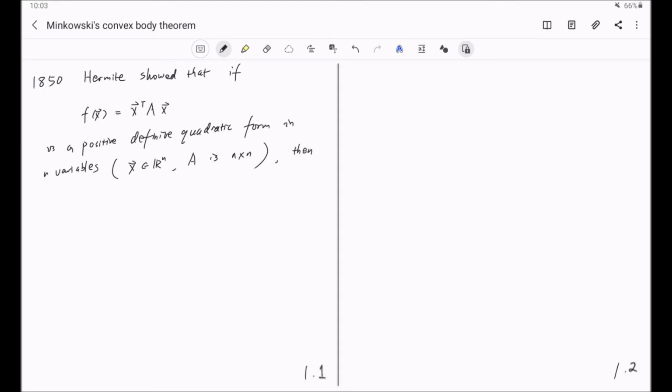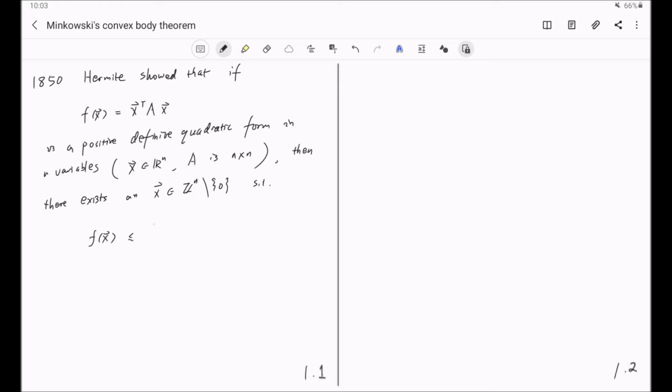then there exists an x that is an integer non-zero vector such that we have the following estimate for the value of f(x).